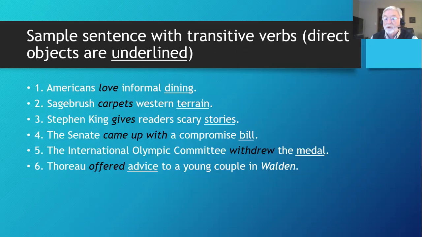Notice that stories are what Stephen King gives. Stories, that word, is the direct object. The Senate came up with a compromise bill. The International Olympic Committee withdrew the medal. Thoreau offered advice to a young couple in Walden.